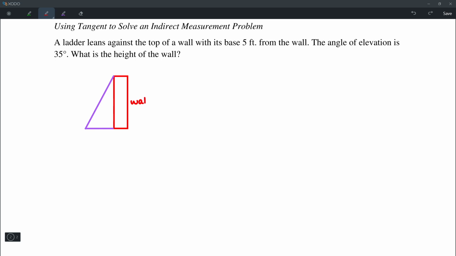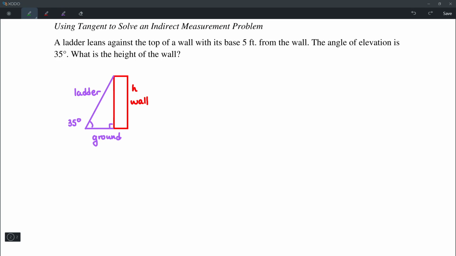This is the wall. This is the ladder. And here's the ground. And the angle of elevation is 35 degrees. This forms a right angle, the ground and the wall. And we're looking for the height, so we'll call this side h for height.